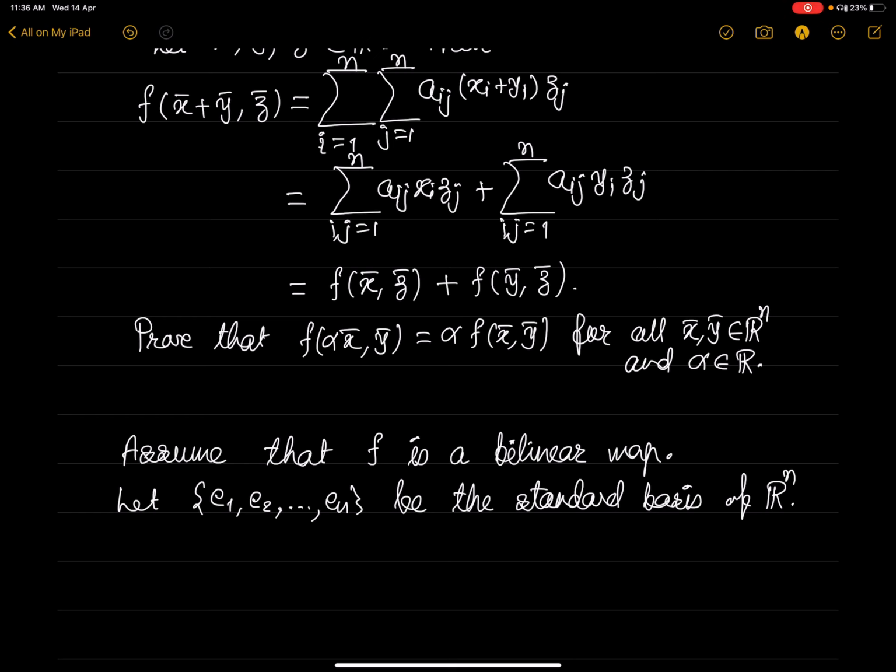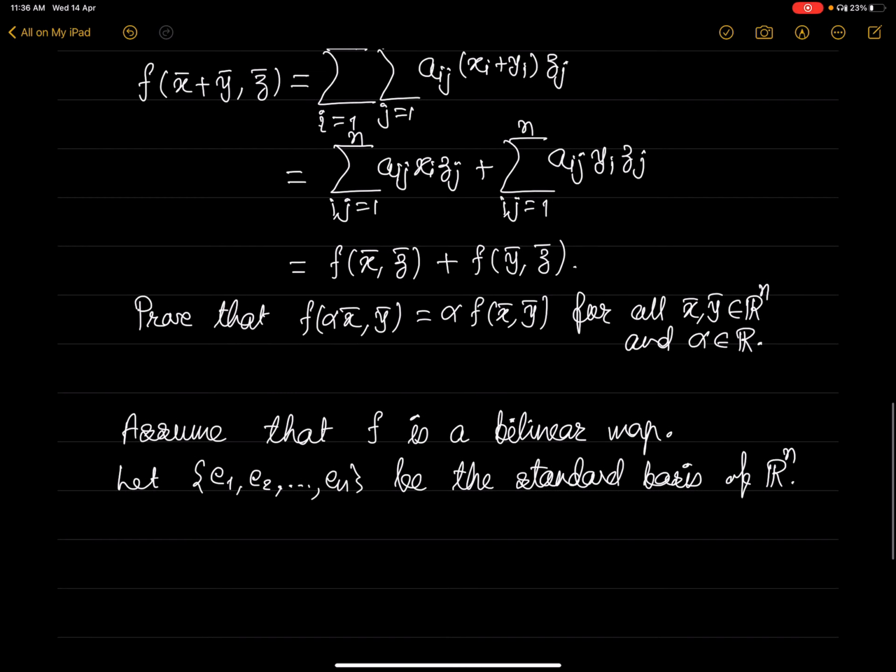That means E1 is what? It is the n-tuple for which the first coordinate is 1, the rest are 0. E2 means the second coordinate is 1, the rest coordinates are 0. Then it is known to us that it's a basis and it is called the standard basis for the vector space R^n.